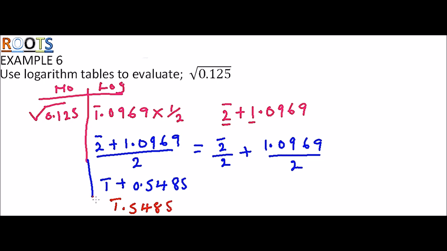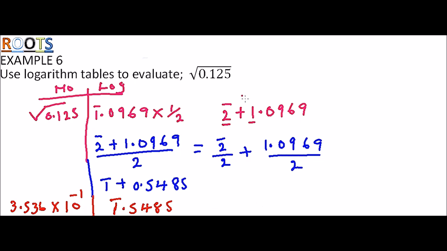And what this means is that here we have 10 to power minus 1 represented by bar 1. Then we get the anti-logarithm of 0.5485, which is the same as 3.536.